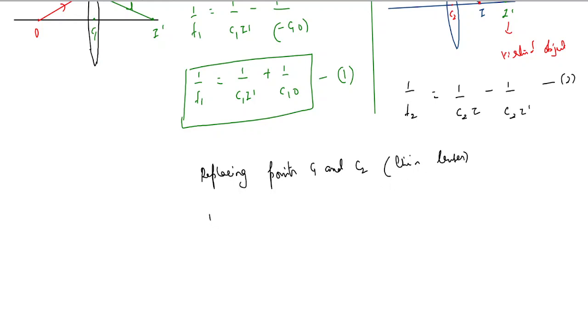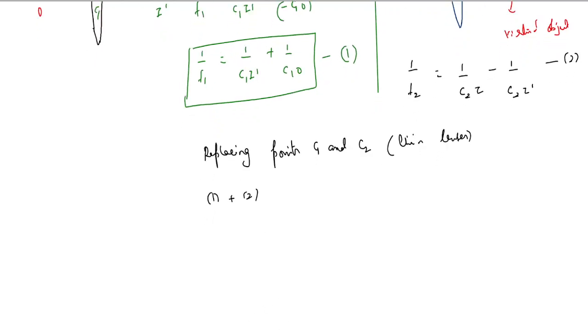Then adding 1 and 2, what we get would be, the left hand side would be 1 by f1 plus 1 by f2, that is equal to 1 by ci dash, because we are replacing the points C1 and C2 with C, 1 by CO plus 1 by Ci minus 1 by C into I dash from here.